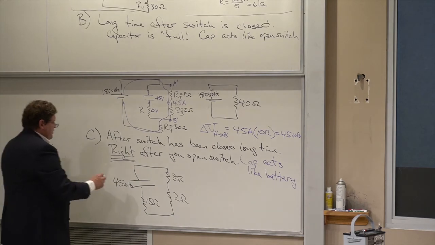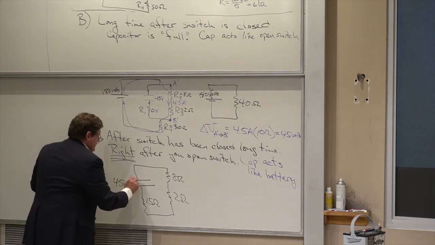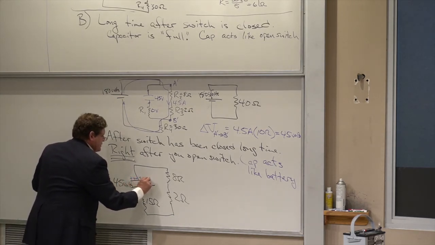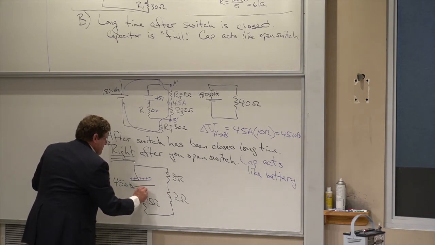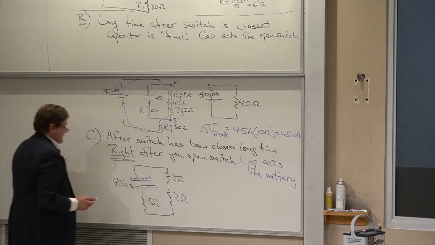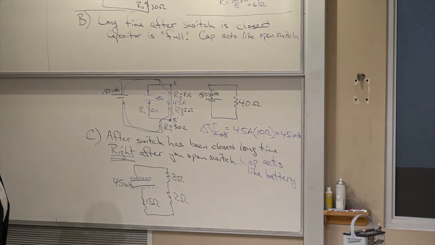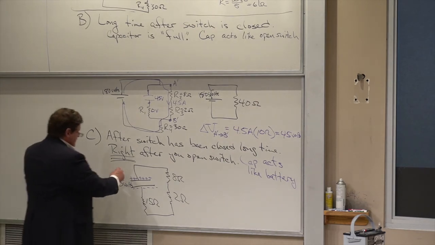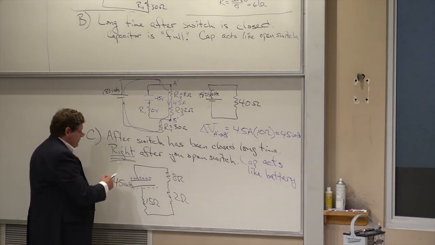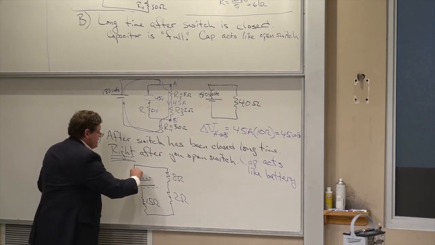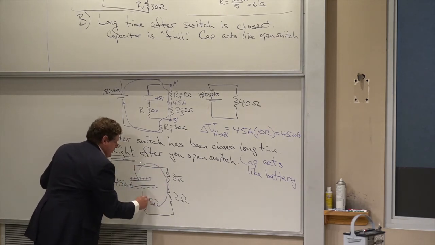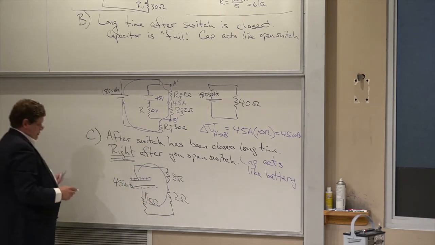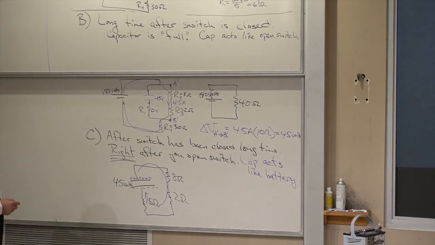And because I charged this up with the positive charge on the side of the capacitor closest to the positive terminal of the battery, it's going to be charged up like that. And now that 45 volt battery, that really is a capacitor, is going to drive current around that loop. And now R1, R2, and R3 are in series.